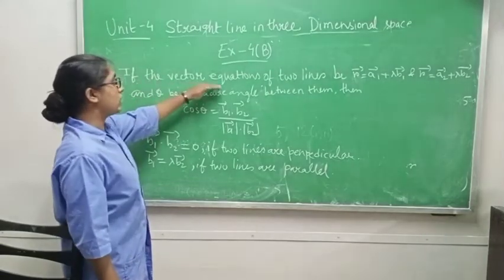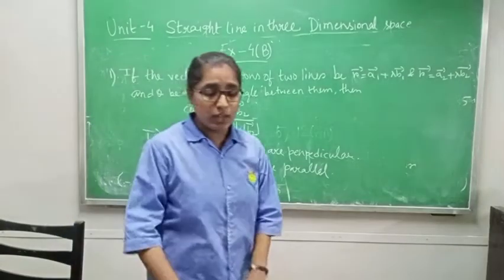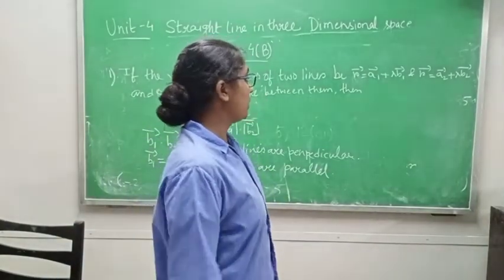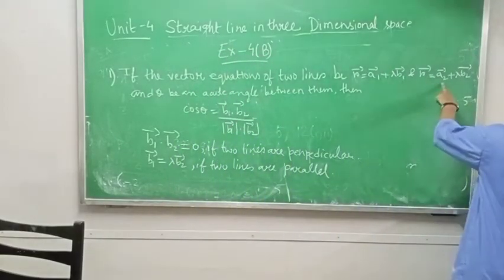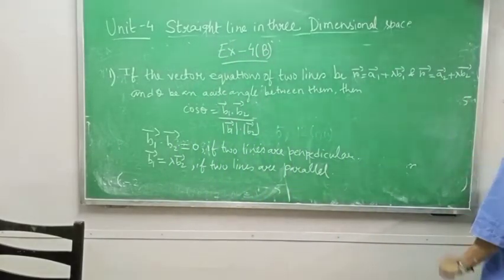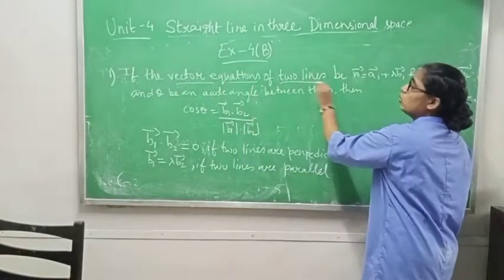If the vector equations of two lines are r vector equals a1 vector plus lambda b1 vector and r vector equals a2 vector plus lambda b2 vector, means vector equations of two lines.